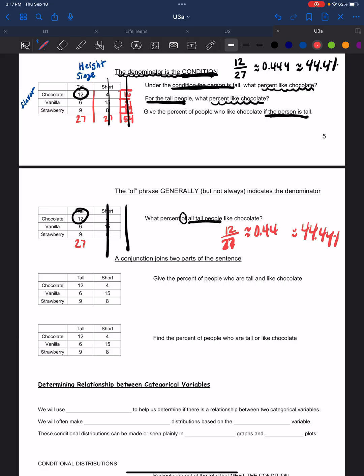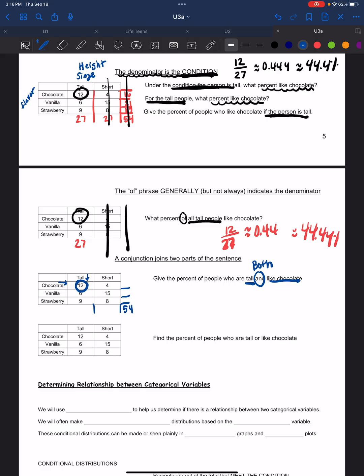You also could have questions like these. It says, give the percent of people who are tall and like chocolate. Well, that means that it has to be both of those things. And whenever you do that, you're just going to go point at the table and be like, okay, here's the tall people, and here's the people that like chocolate. The spot that is 12. And again, it's out of the total. Out of all the people that we had, how many people like chocolate?